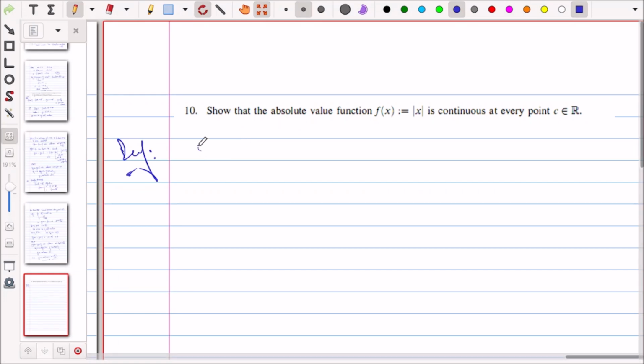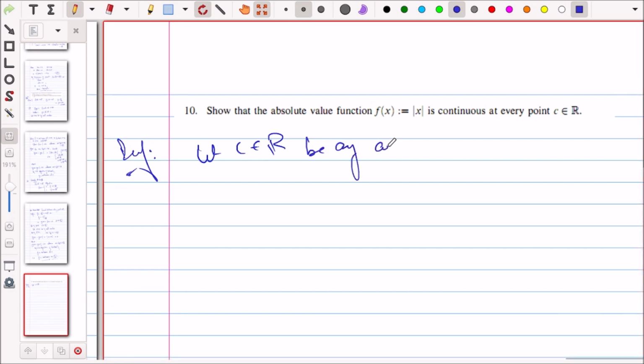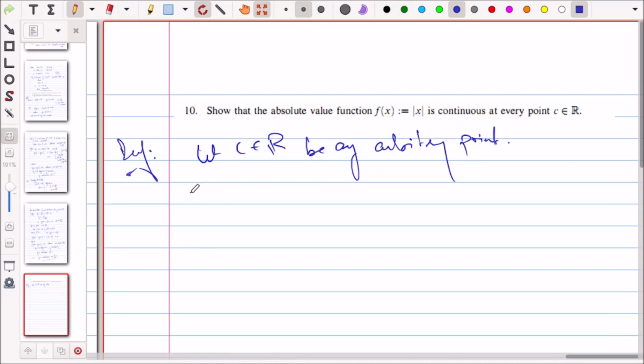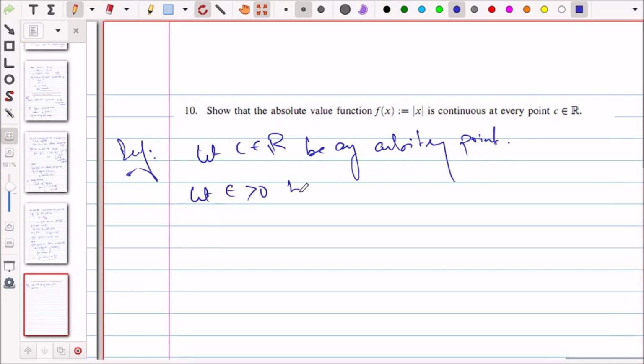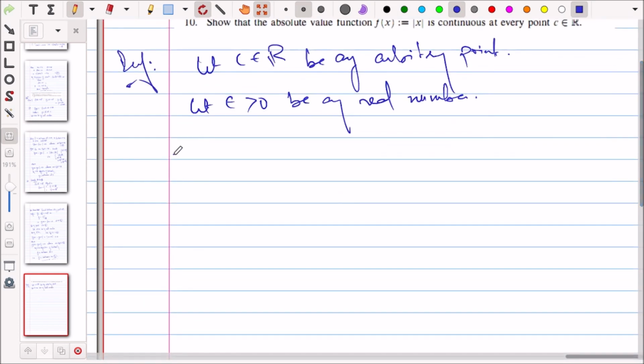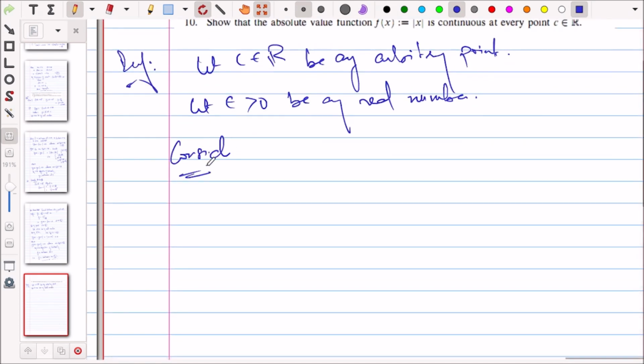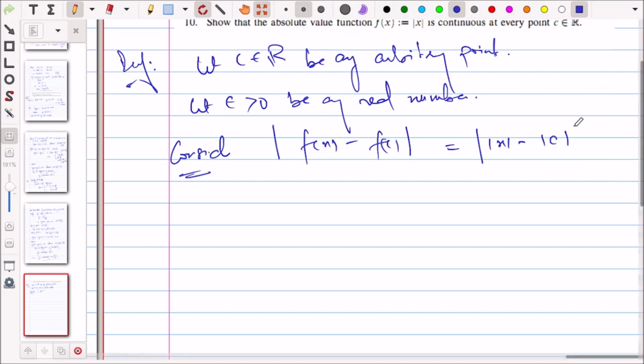We will start with any arbitrary point in the domain. Let C belong to R be any arbitrary point, and let epsilon greater than 0 be any real number. Consider fx minus fc. This is nothing but mod of x minus mod of c, which is less than or equal to mod x minus c.